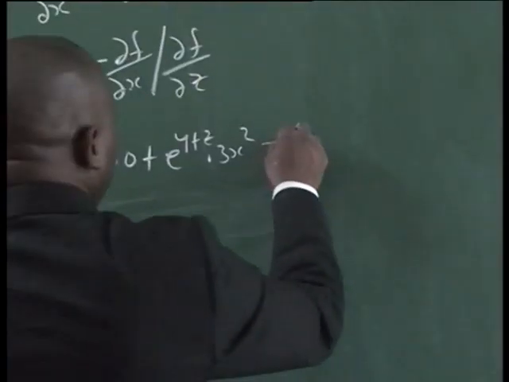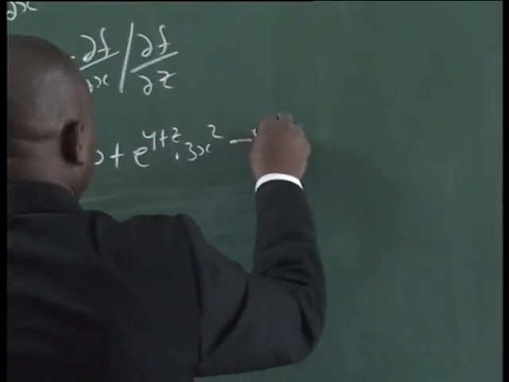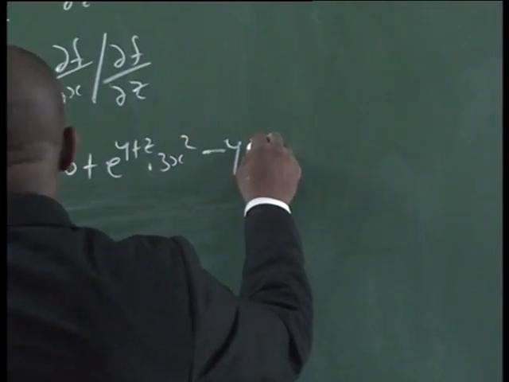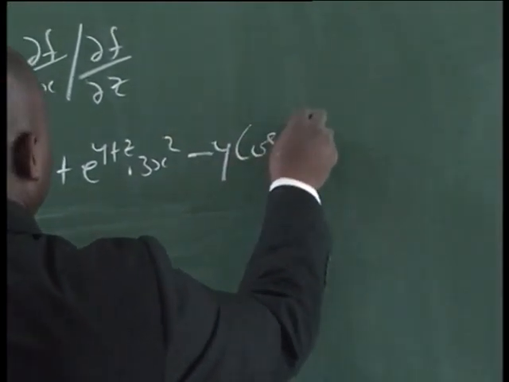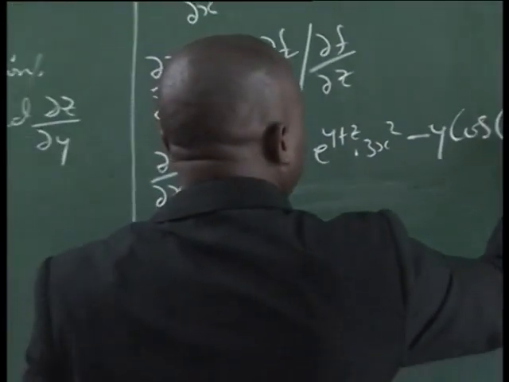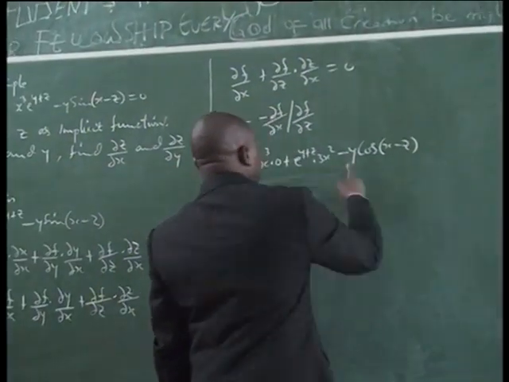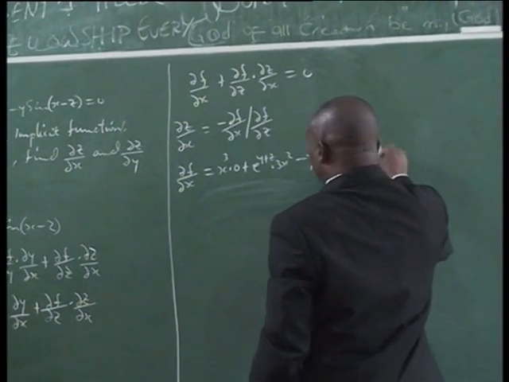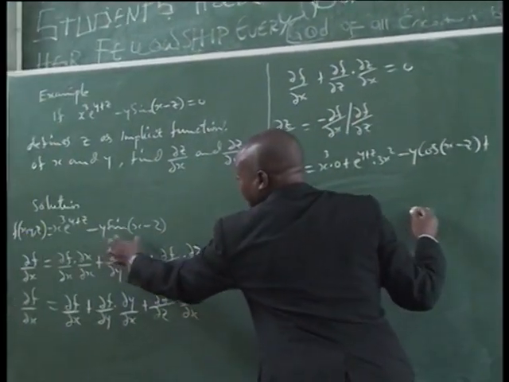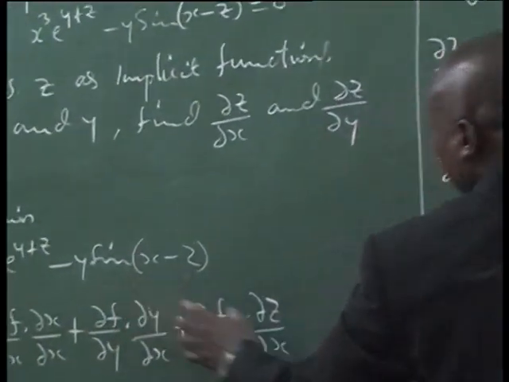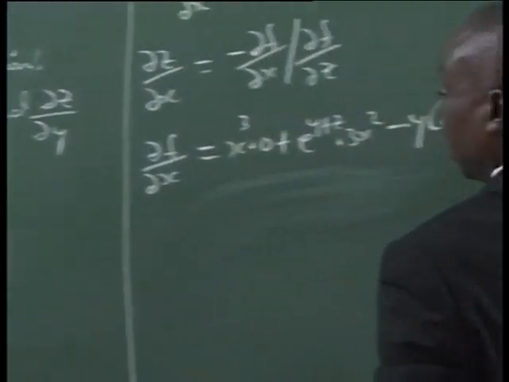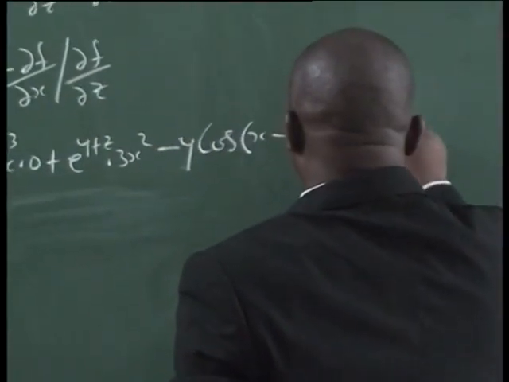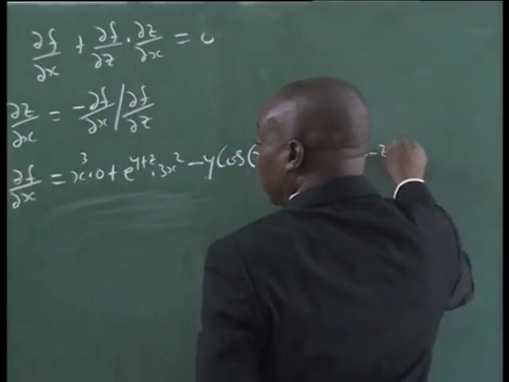We have minus y cos(x minus z), that is, I keep minus y and differentiate this, then I will also keep sin(x minus z).